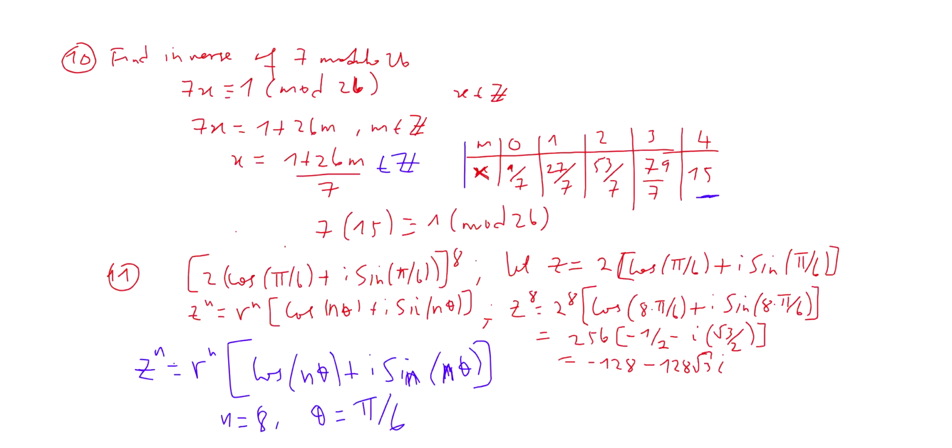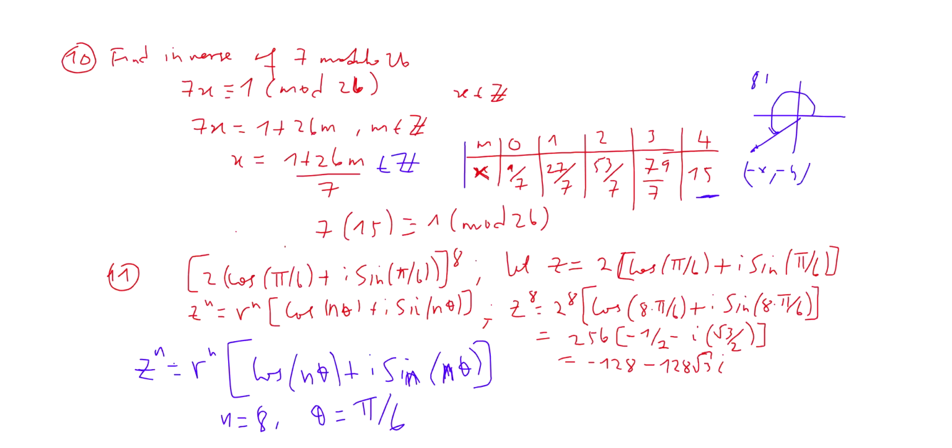2 to the power 8 is 256. Then cos of 8 times pi over 6, which is 240 degrees, happens here in this bracket where it is minus x and minus y. You come here, and this is 8 pi over 6.